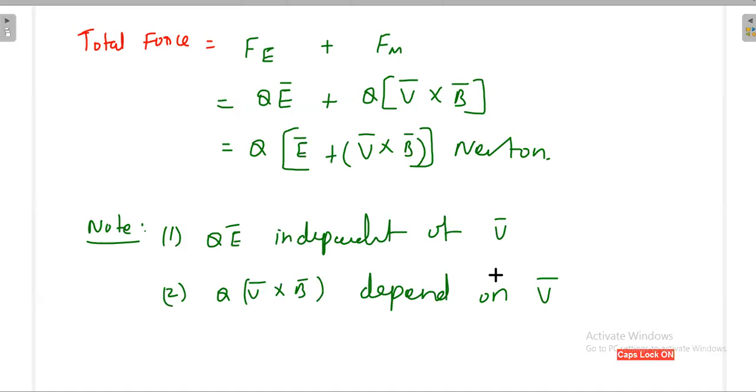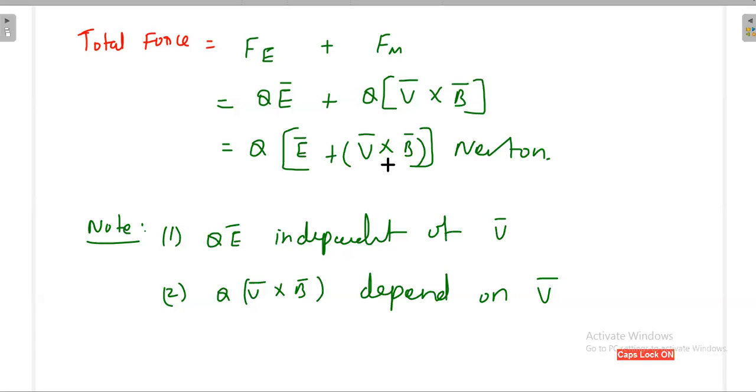Next, what is the force on the current element? Now we have seen what is the force on the charge. Again, this equation is the concept of displays actually.